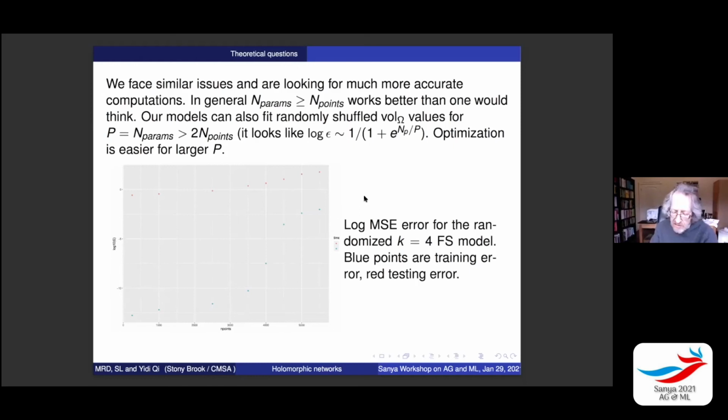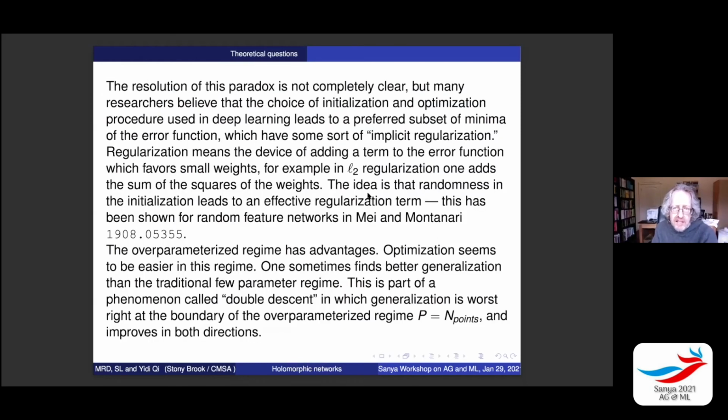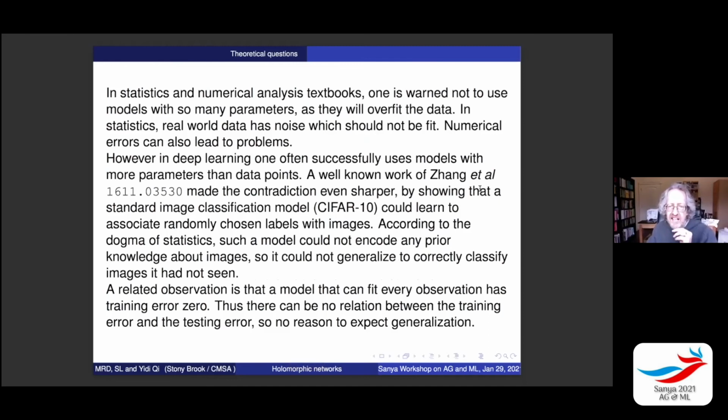A classic paper of theory of machine learning is this work of Zhang et al. that I cite, where you take an image classification model, I think they took CIFAR10, and just scramble all the labels, shuffle them at random. According to classical theory, the model should not be able to learn that, because the way the model learns is it has sort of a prior, that it's good at learning images, and it can learn correctly labeled images and should be bad at learning randomly labeled images, and that expresses the fact that it's got this prior.